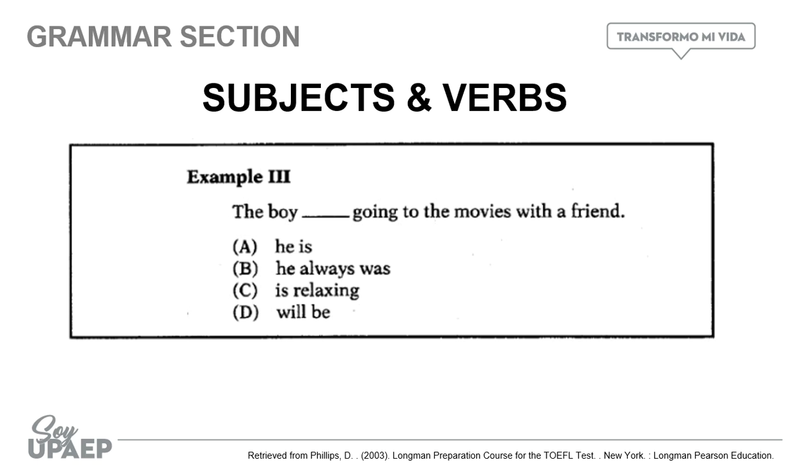So by doing this, you can eliminate automatically option A and option B. Why? Because if you answer one of those, you will be doubling the subject. So the answer for this sentence is letter D, will be. The boy will be going to the movies with a friend.